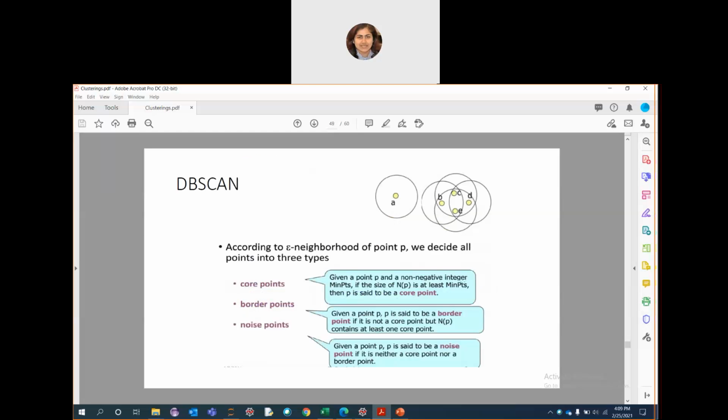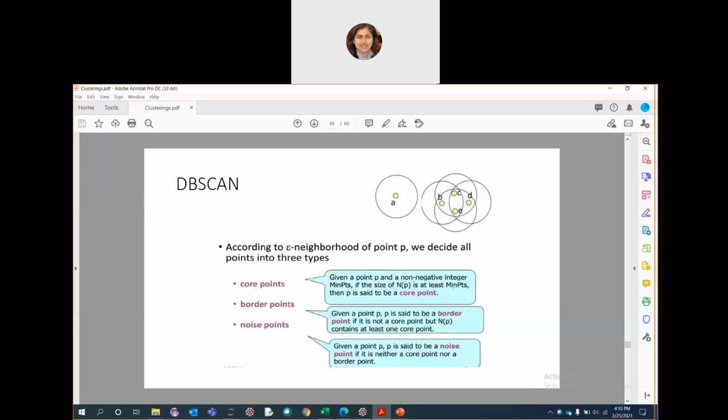Let's see more detail. There are three different kinds of points here: core points, border points, and noise points. Based on the two parameters that I just explained, epsilon and min points, the data points are classified as core, border, and noise points or outliers. So what is a core point?